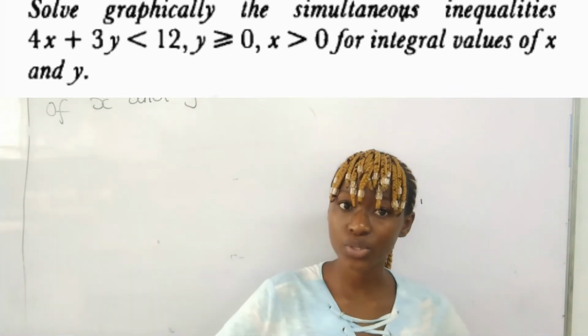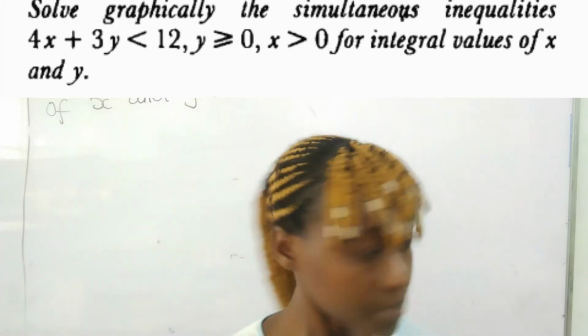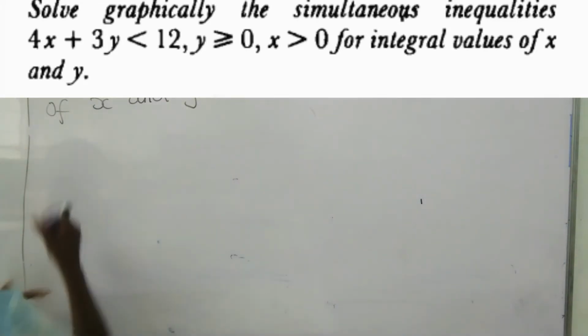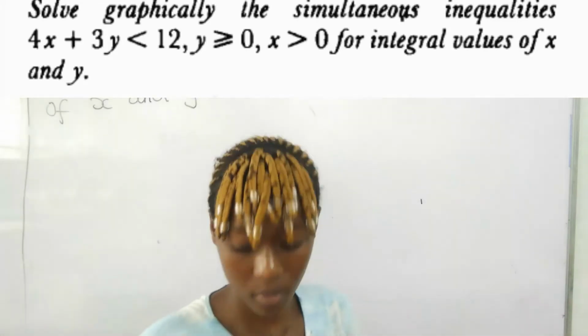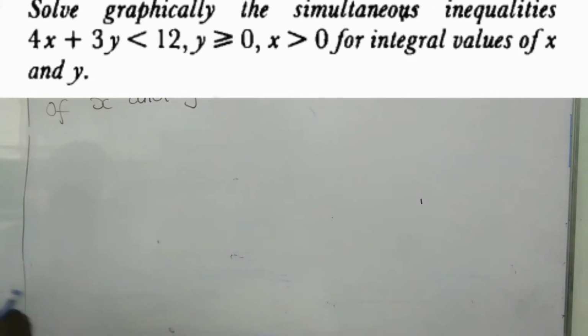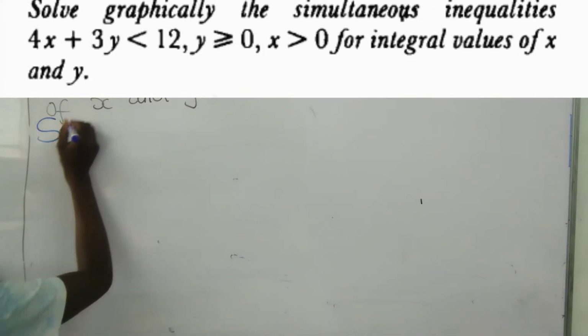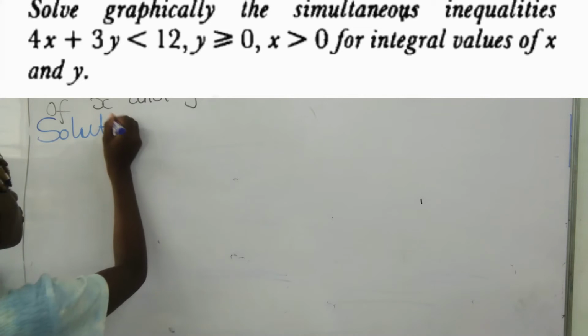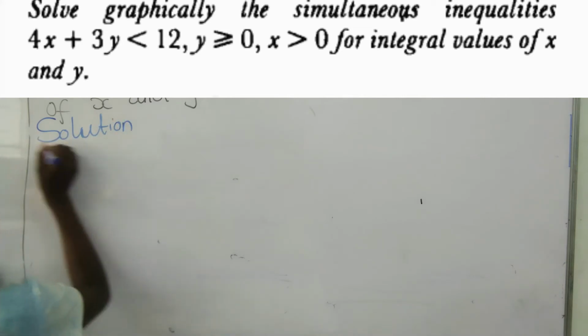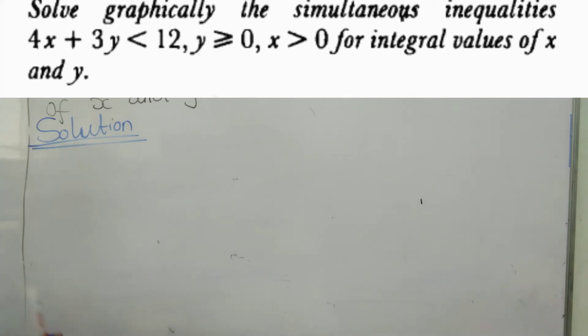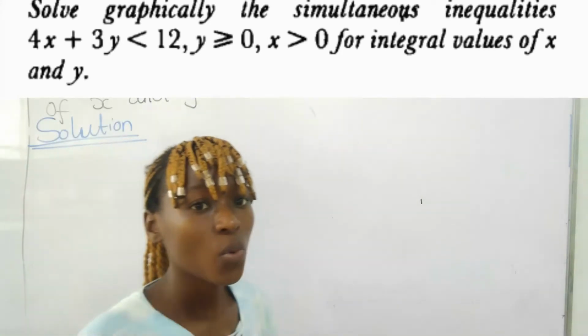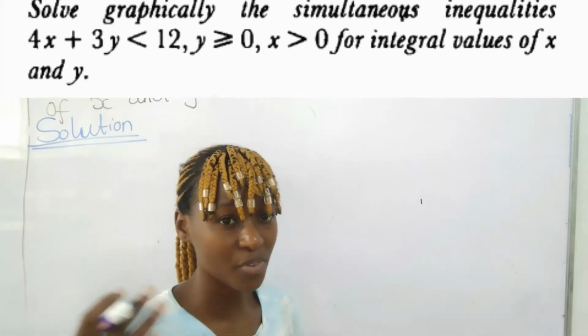That being said, we are going into our sum. Solution. First, as always, if there is an inequality that needs to be solved, we simplify it first before using it.